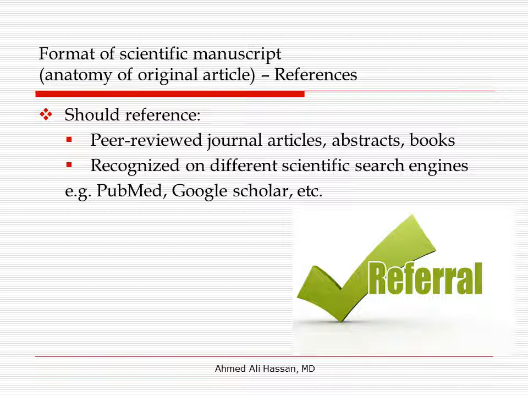And more important, the reference you choose and include in your articles should be recognized on different scientific research engines like PubMed, Google Scholar, etc. Because recognized international journals routinely check the references on search engines, and if they don't recognize the reference you include in the articles, they don't accept it.